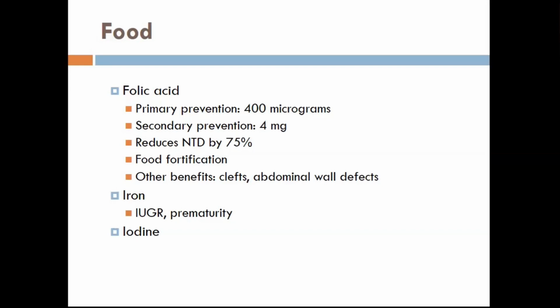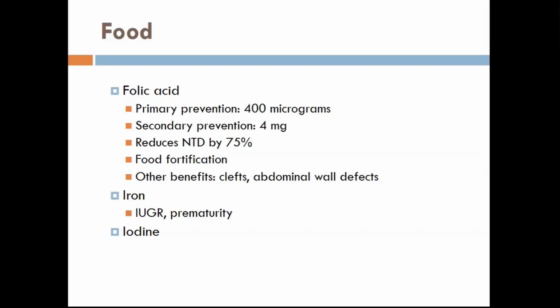So primary prevention is a request for 400 micrograms. We give 5 milligrams. Giving extra folic acid is probably not that wrong because the extra goes out through urine. It reduces NTD risk by at least 70%. Food fortification and all these things have been tried.